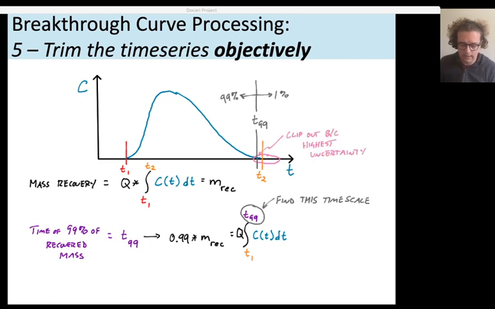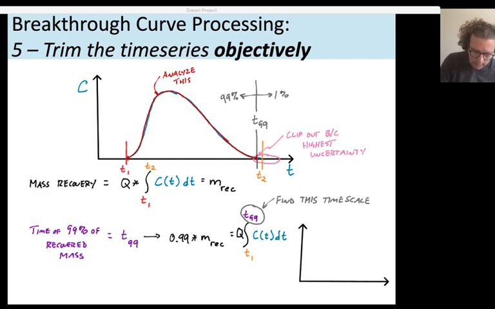And what we're doing then is clipping out that highest uncertainty part after T99. What it leaves us with is this breakthrough curve that I've traced over in dark red, and that's what we'll actually analyze moving forward.